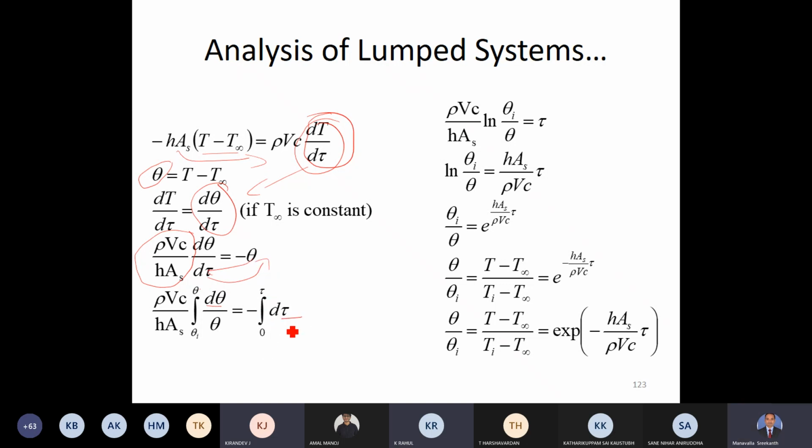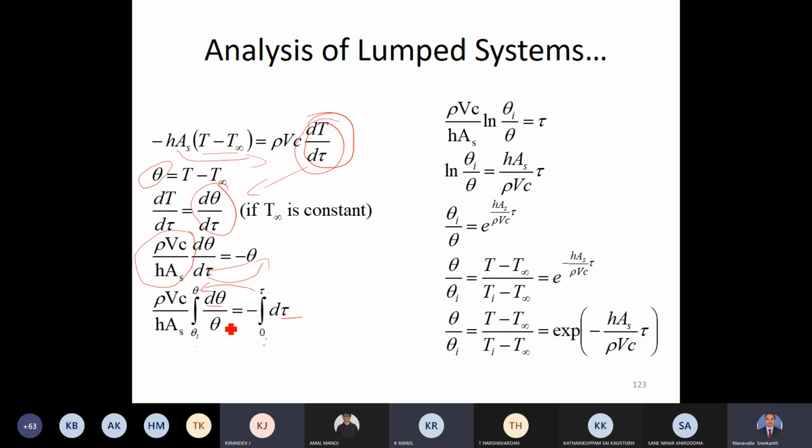And since this is time, we integrate it from 0 to a certain time. On the left hand side, the integration is from some initial temperature to an unknown temperature, and on the right hand side, we are integrating from initial time to some unknown time. So at this time, this should be the temperature. So what is the relation between this theta and this tau? That we should evaluate.